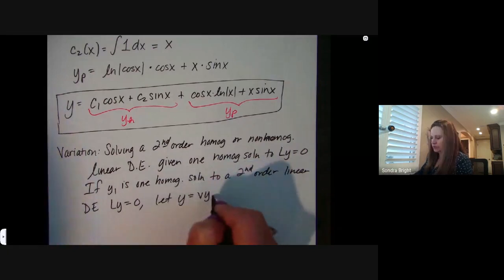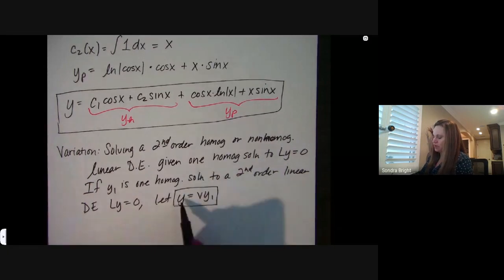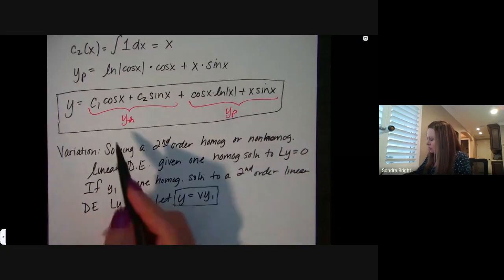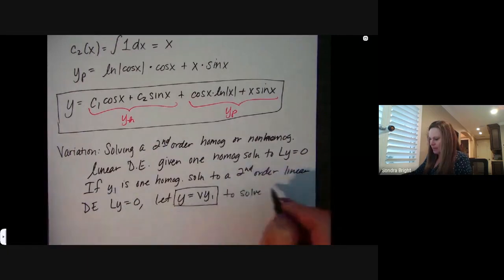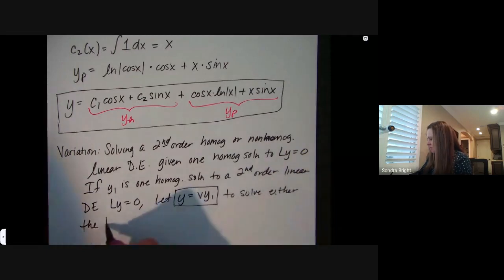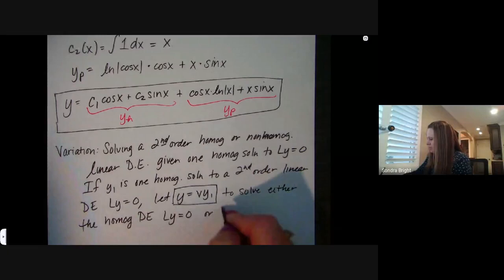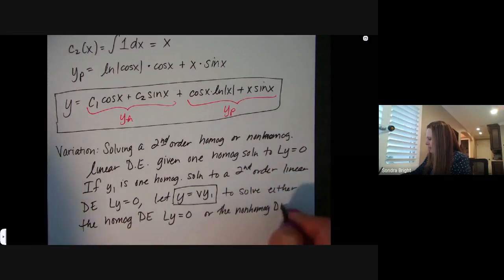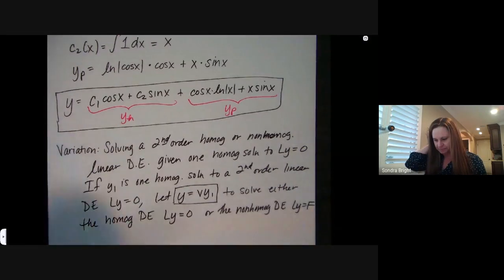Remember, y1 is the one homogeneous solution they gave you, to solve either the homogeneous DE if it's Ly equals 0, or the non-homogeneous if it was Ly equals F.